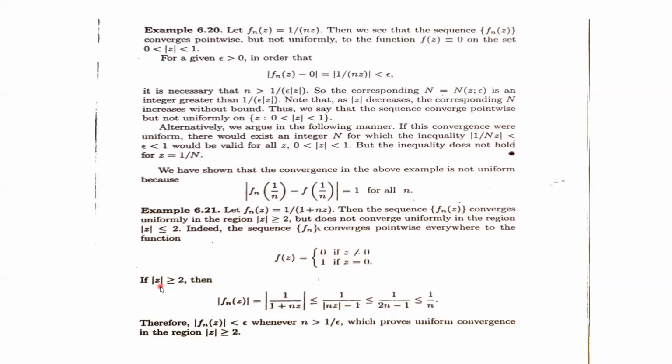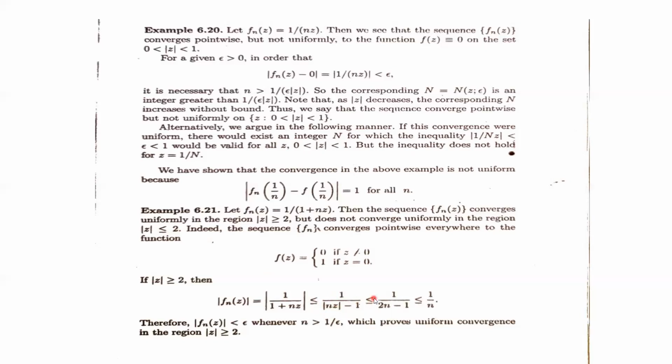Now, if modulus of z is greater than 0, what will happen? Modulus of f_n(z) is nothing but equal to modulus of 1 by (n plus z) according to the definition. This must be less than or equal to 1 by (mod of nz minus 1). Now, modulus of z is always greater than or equal to 2.